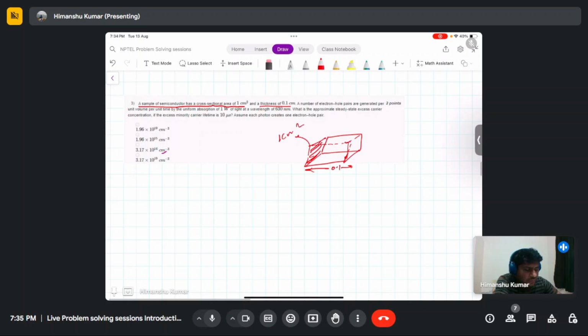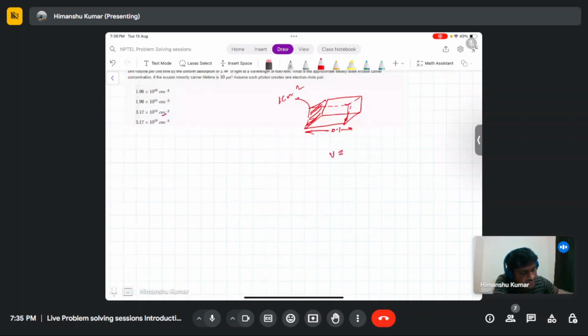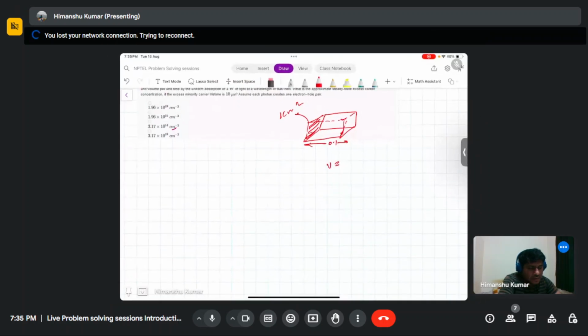So what is the volume? Volume we can calculate as 1 centimeter square multiplied by 0.1, so it is 0.1 cubic centimeter.